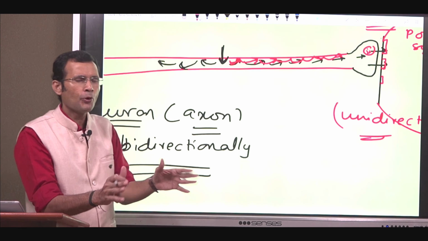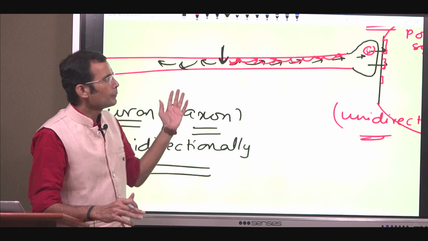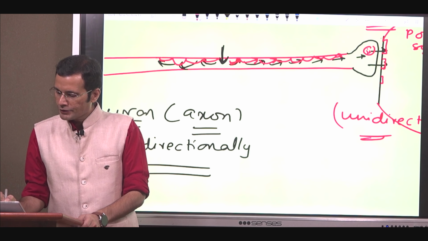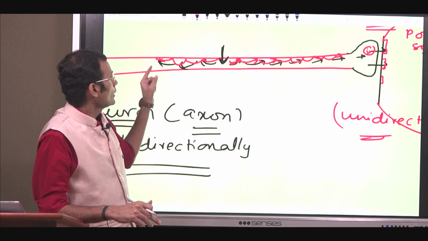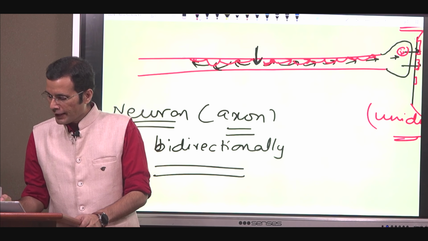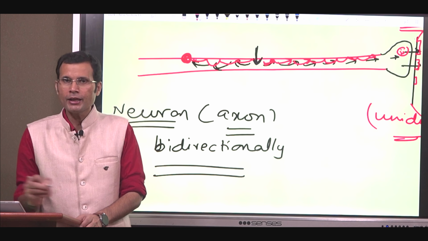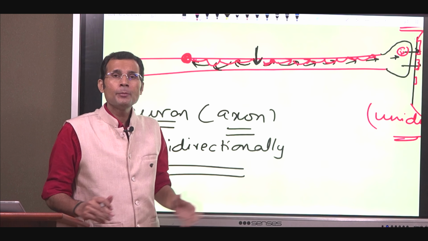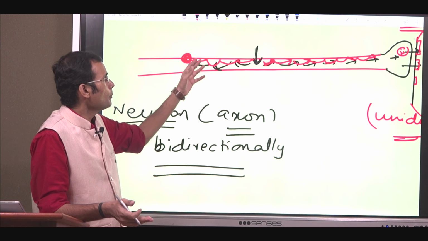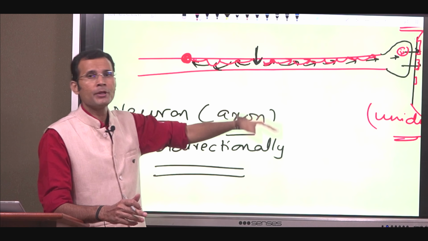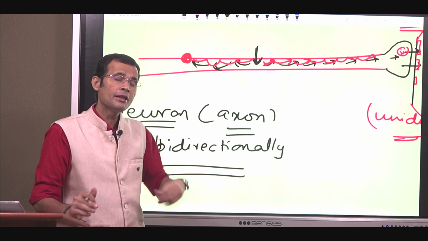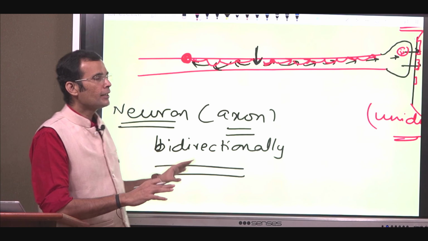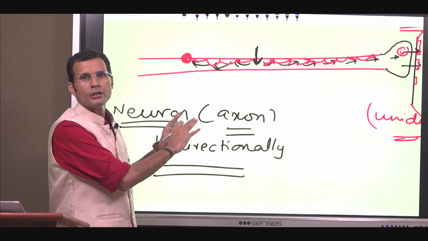Okay, so let that point be very, very clear. Because it's quite obvious that the impulse has started traveling in a certain direction. The next point will be resting, and the previous point will be in the refractory state. So impulse cannot go back and excite the previous area. So it cannot be bidirectional in that sense. So bidirectional should be seen only in the limited context.